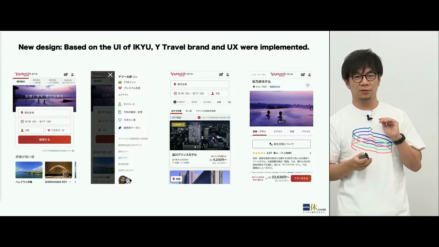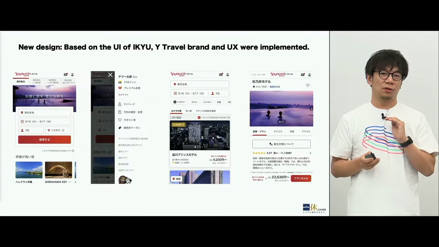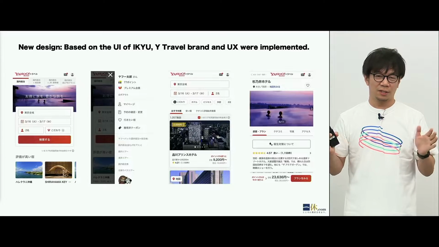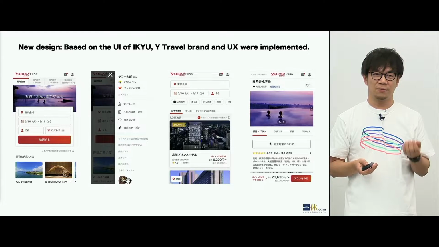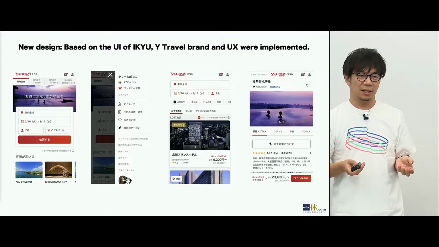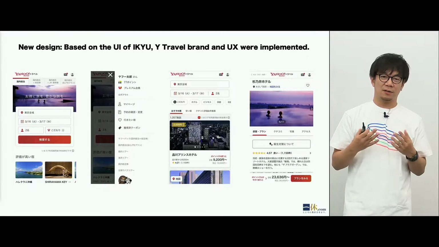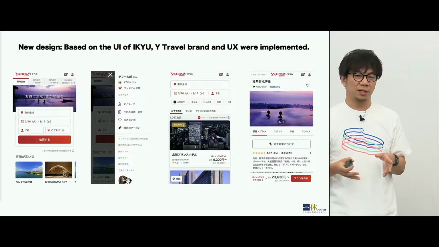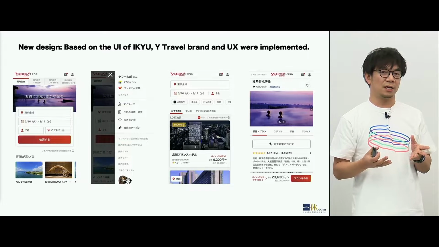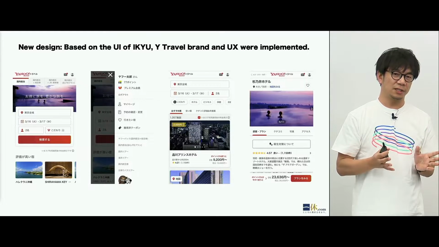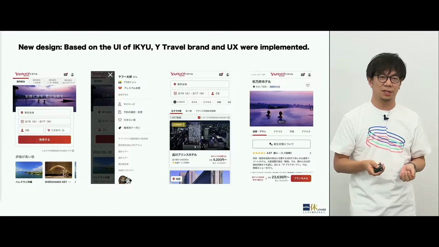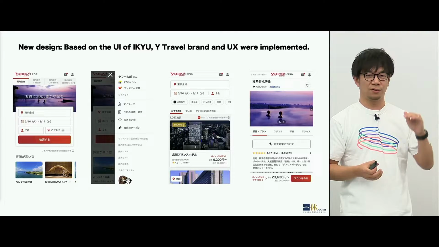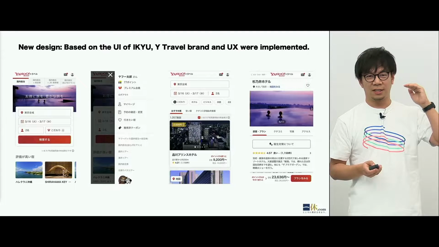In other words, closer to daily experiences is what the users are expecting from Yahoo Japan Travel. So if you just integrate them totally, then for the users, it's not satisfactory. And therefore, for user experience and user interface, EQ was really good at doing that. But when it comes to the brand or the experience of Yahoo Japan, we decided to keep that.